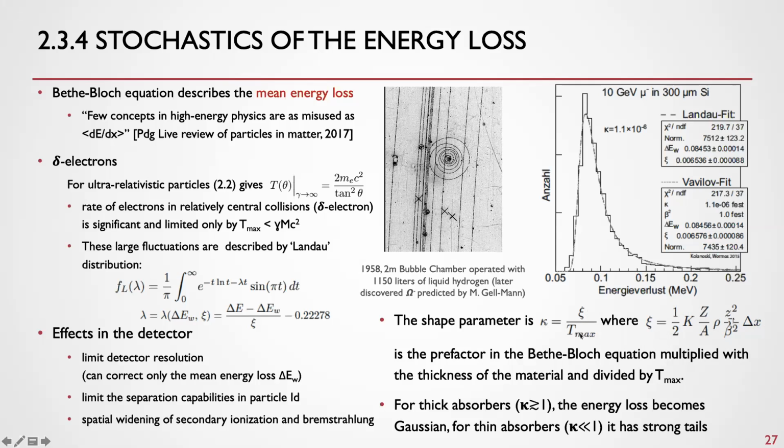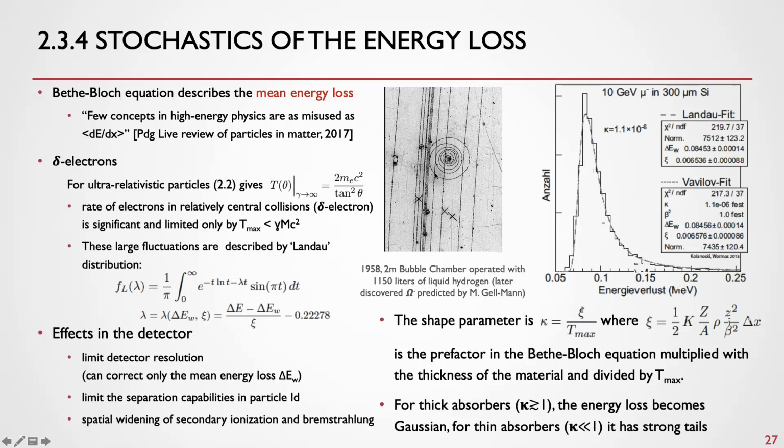And then you divide this by the maximum energy transfer that we computed on the previous slide. And that's your shape parameter. If it is small, you get a very large tail. When is it small? It is small when your detector is thin. Because if your detector is thick, these processes still happen, but they happen for all the particles.